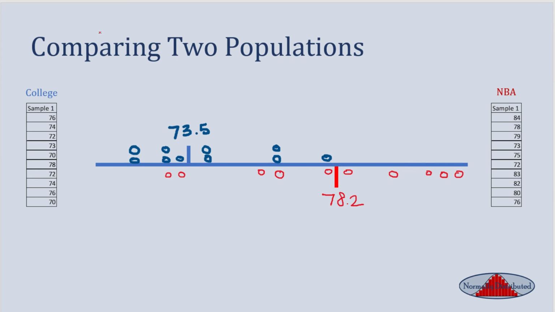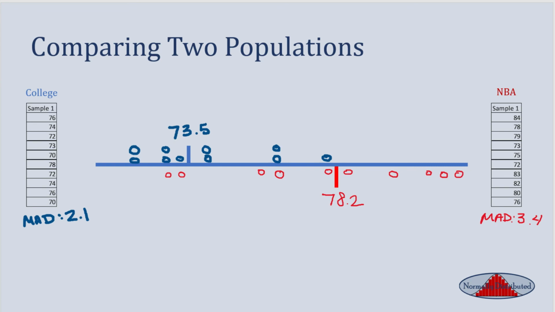Now what we see is that the random sample from our NBA players looks to be a little bit more varied. Now let's double check this. If we look at the mean absolute deviation for these NBA players, we have a mean absolute deviation of 3.4. For our college players, we have a mean absolute deviation, or MAD, of 2.1.